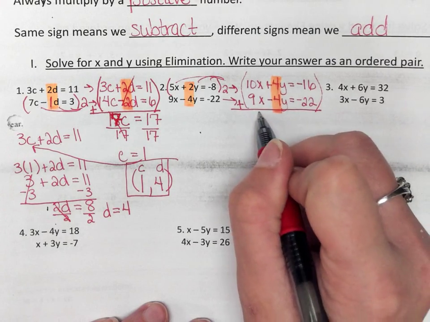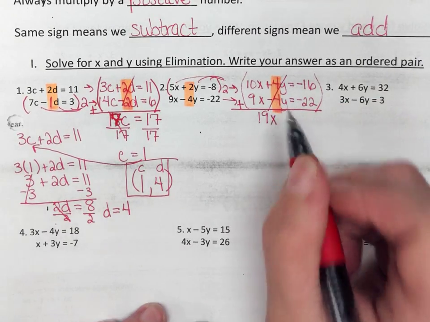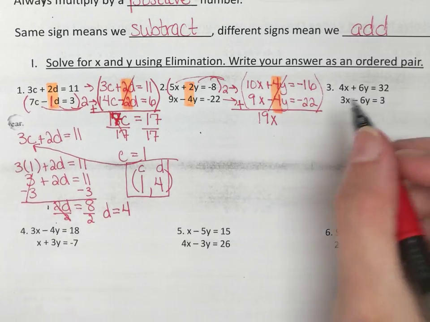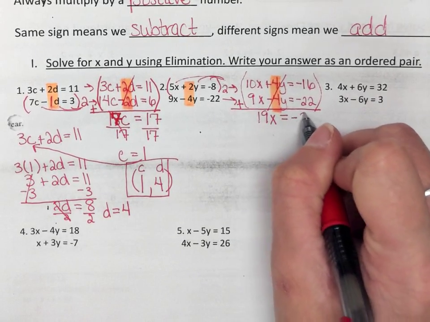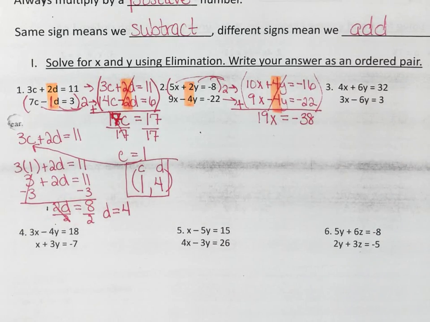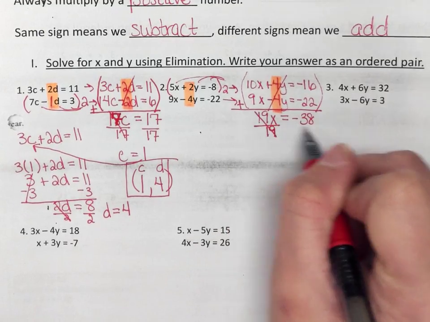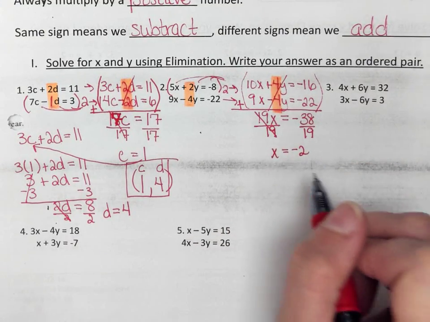So 10x plus 9x is 19x. 4y's go away. Negative 16 plus negative 22 is negative 38. Then we're going to divide by 19, and x equals negative 2.